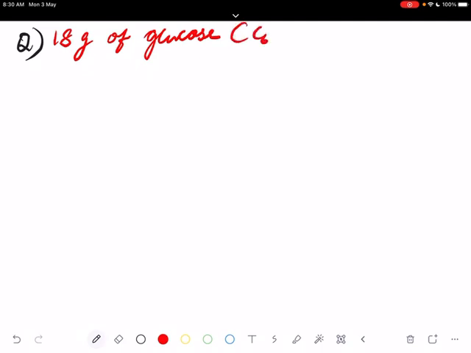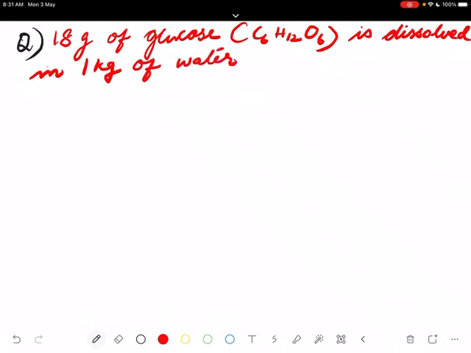Let's do a few numericals based on this. Question: 18 gram of glucose, that is C6H12O6, is dissolved in 1 kg of water in a saucepan.